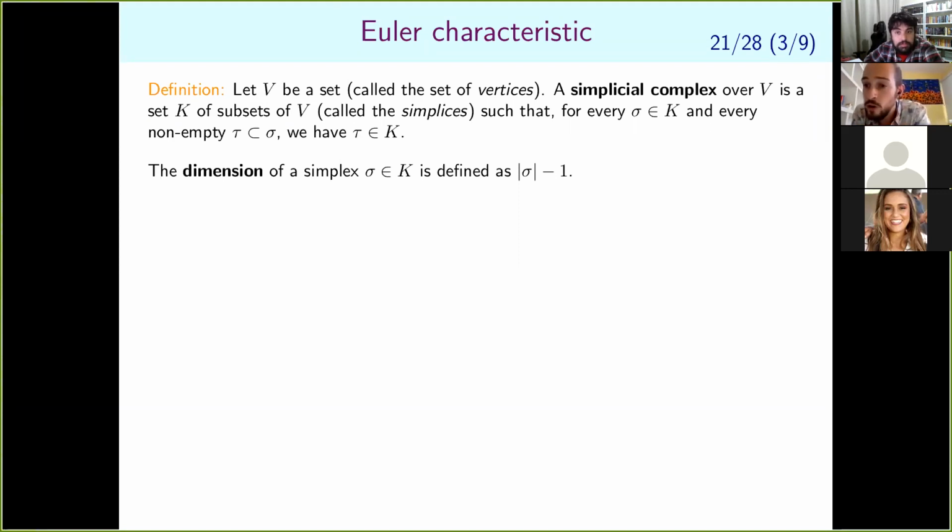And there is one axiom. For any simplex sigma in K, its non-empty subsets, tau, must also be in K. Okay? I also define here the dimension of a simplex. It is its cardinal minus 1. And you can also define the dimension of a simplicial complex as the maximal dimension of its simplices.